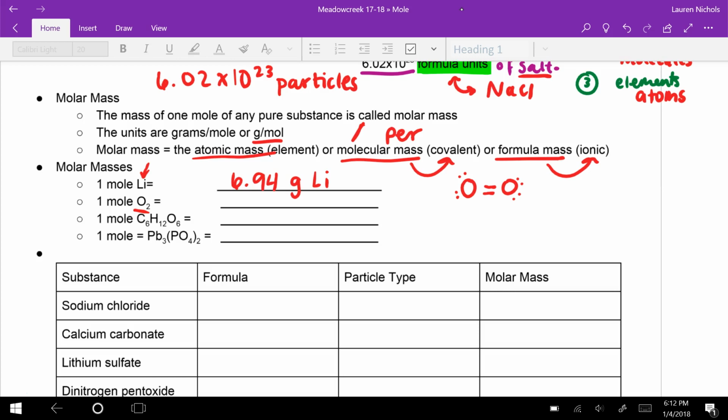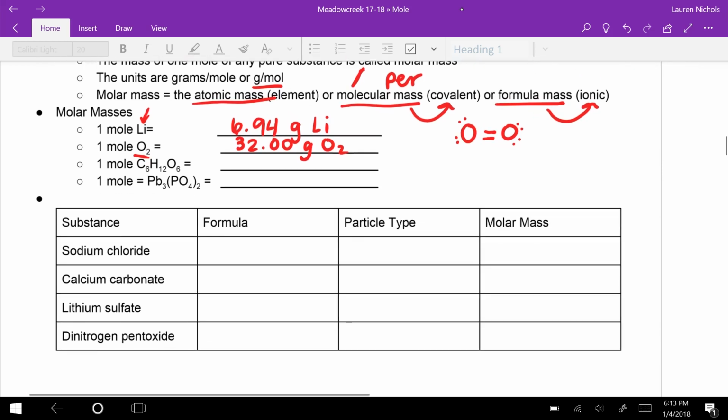So if each oxygen atom is 16 grams, and I have 2 of them, that would mean that I have 32.00 grams of oxygen here. And so that is something that we keep in mind. And so you can calculate your molar masses for the next 2 bullet points on your own.